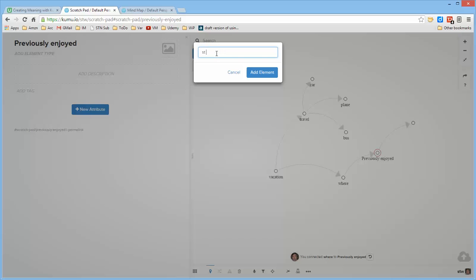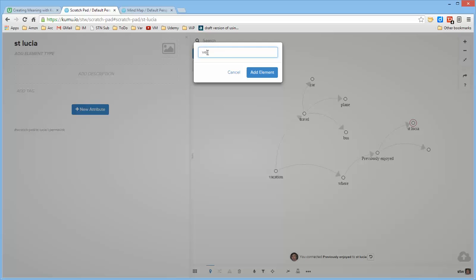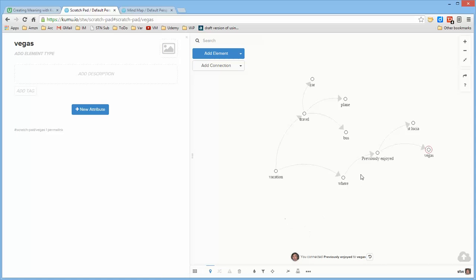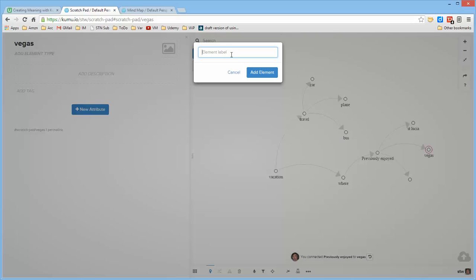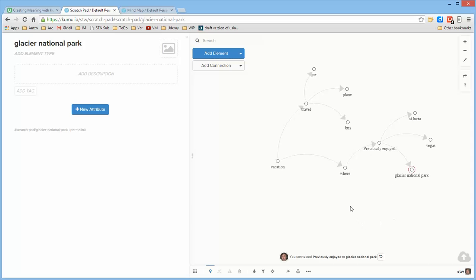One would be St. Lucia, where my daughter got married, or Vegas, where I lost all the money that I didn't have, or Glacier National Park, where I did a lot of very marvelously enjoyable hiking.